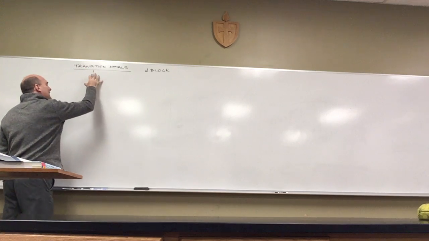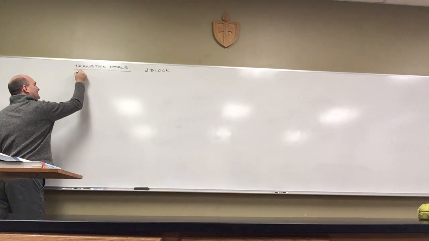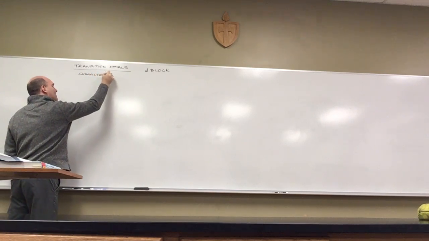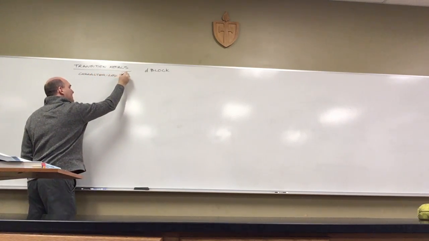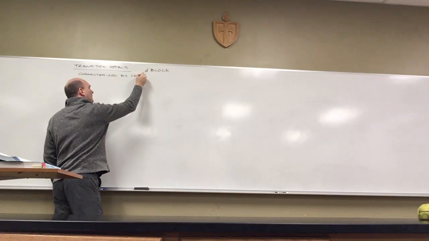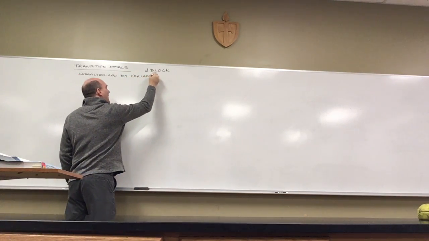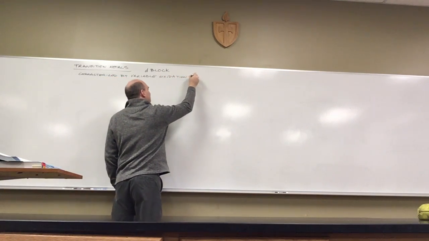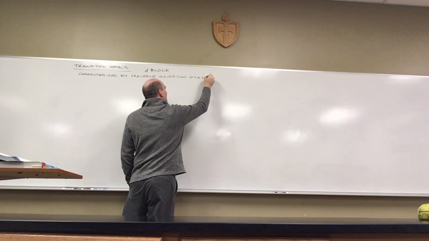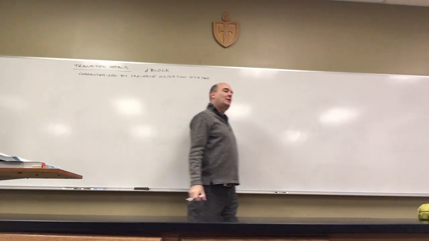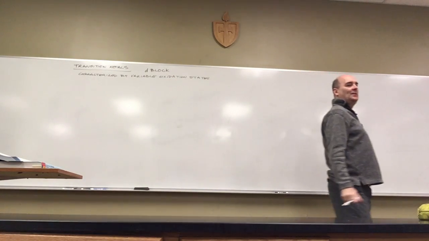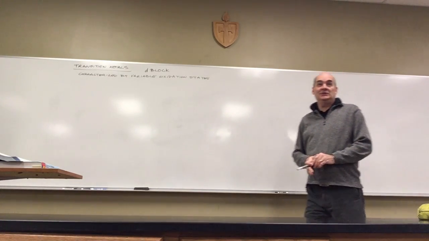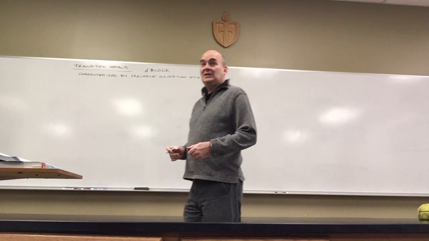So what we see in the transition metals is that they have variable oxidation states. We know full well that if we pick something off the periodic table and it's in group 1, it has a fixed oxidation state of +1.